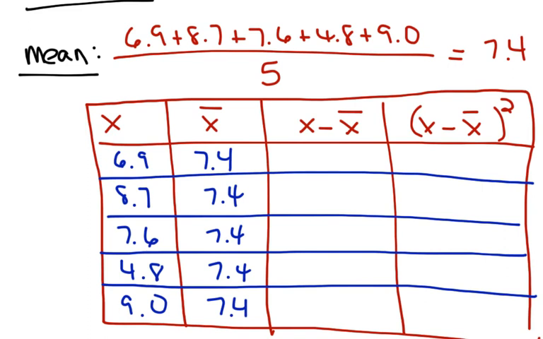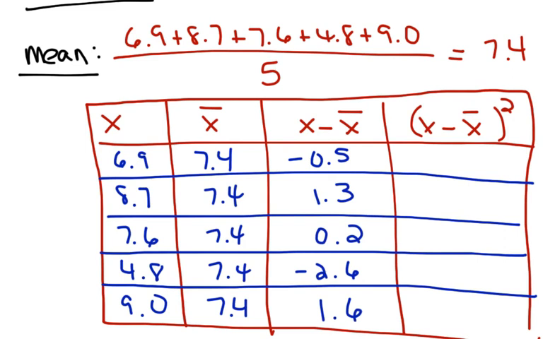The third column is x minus x bar, so 6.9 minus 7.4 is negative 0.5. 8.7 minus 7.4 is 1.3. 7.6 minus 7.4 is 0.2. 4.8 minus 7.4 is negative 2.6. And 9 minus 7.4 is 1.6.